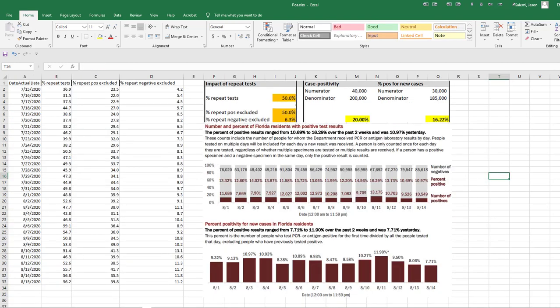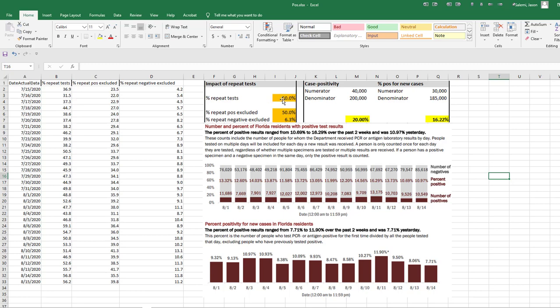So what's my take home in all of this? I recopied the scenario that is most common in Florida. That was scenario number 4, where I have a tendency to see the case positivity higher than the percent positivity for new cases. Why?